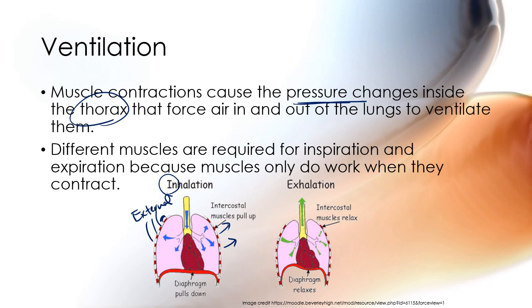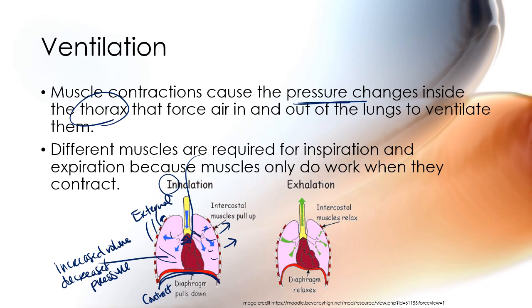We're also going to contract the diaphragm and it's going to flatten down, and that's going to make more space, increased volume, and decreased pressure inside the lungs. This is going to lead to the movement of air into the lungs to equalize that pressure.